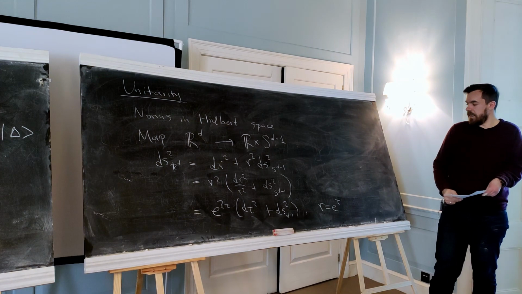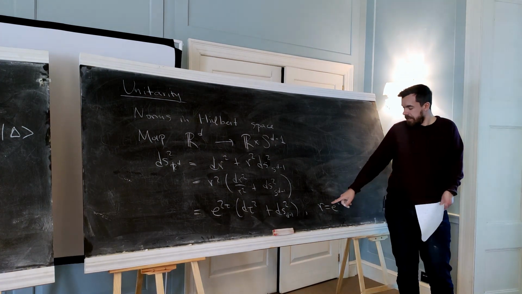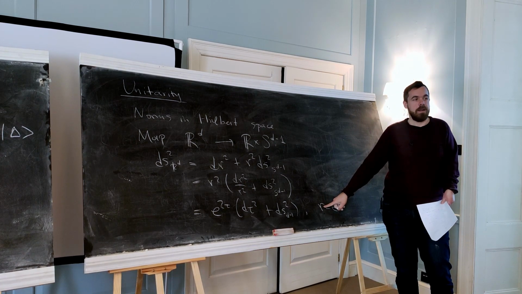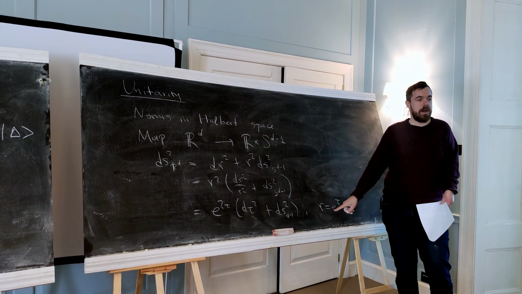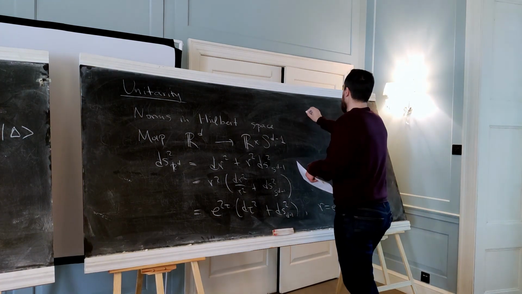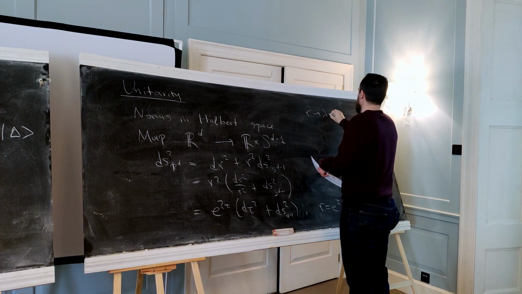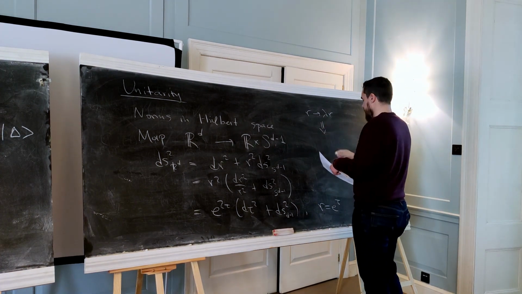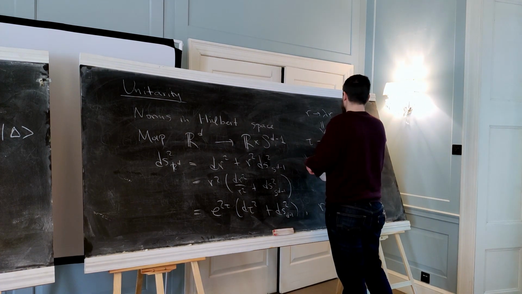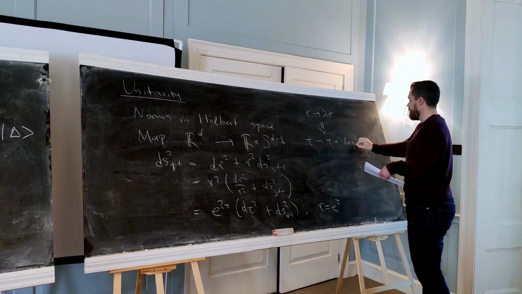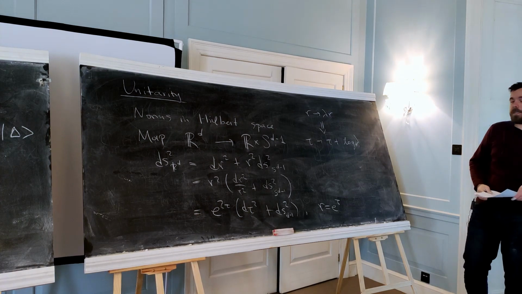This redefinition over here, r = e^τ, tells us that doing a dilatation in this r, so sending r to λ times r, is in this picture equivalent to τ going to τ plus log λ, right?